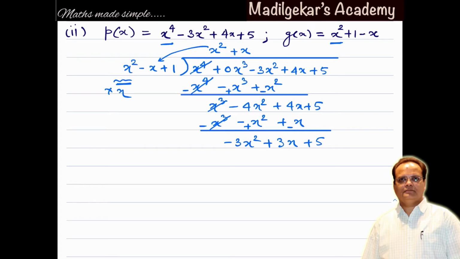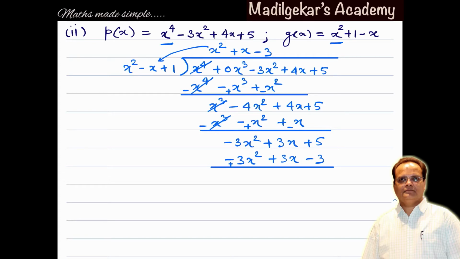Now the degrees of both the divisor and this new dividend are the same. Now the only thing is to multiply by a constant. So multiply x square by minus 3. So minus 3 into x square, minus 3 into minus x, minus 3 into 1.